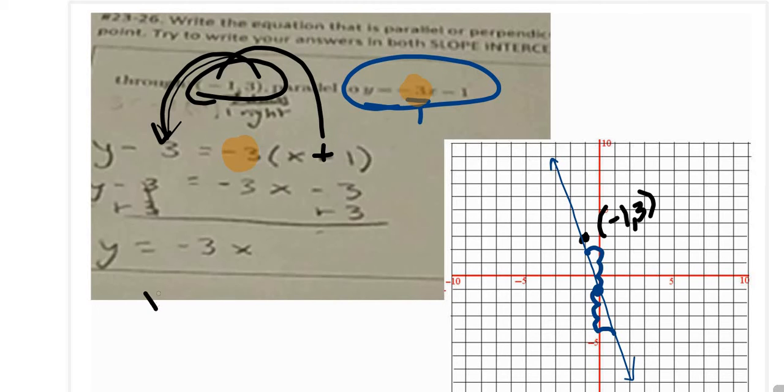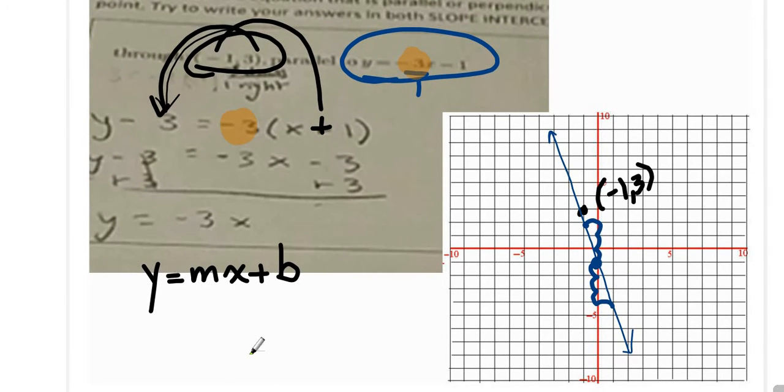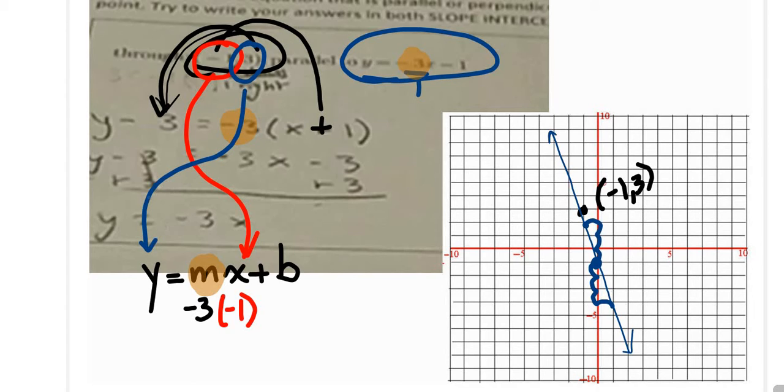So another way is to use y equals mx plus b. And in this circumstance, your slope is the desired slope you want, which is parallel. So I'm going to put a -3 here. And then we're going to solve for the y-intercept by putting this value of x in the x-coordinate, this value of y in the y position.